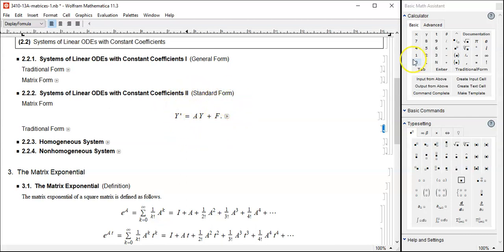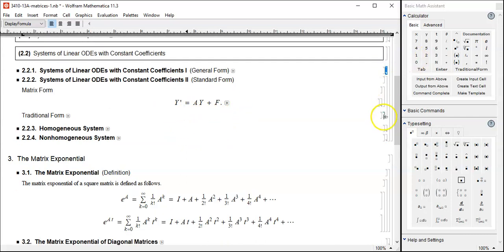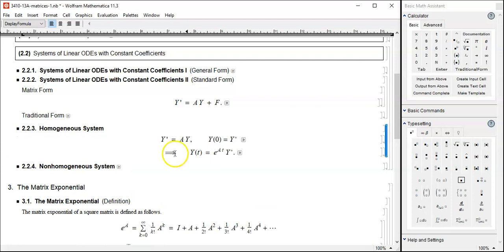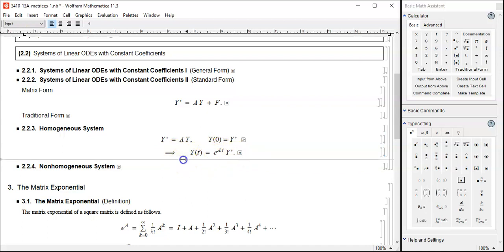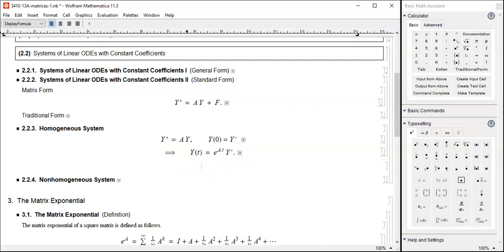And the standard form here can be solved through, let's see, the typical thing, solution for the homogeneous system plus a particular solution. And the general solution for the homogeneous system follows this expression. Y is e to the At times y star, and there's a direct parallel with the one-dimensional case.